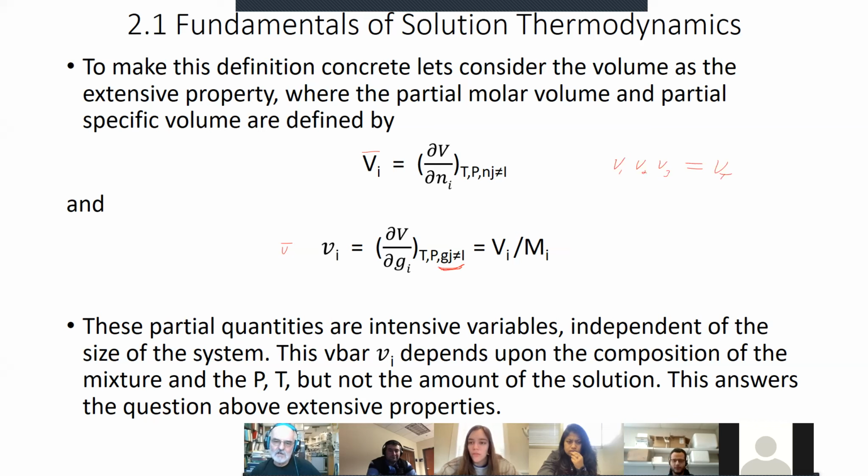You really need to sum the partial specific volumes times the number of grams, and that quantity can give you the total volume, because the partial specific volume accounts for the presence of the other components. It accounts for the fact that I change the volume when I add a small amount, and I know how much I change the volume because I'm defined by the composition that I'm in. So this nomenclature works down here for that very reason.